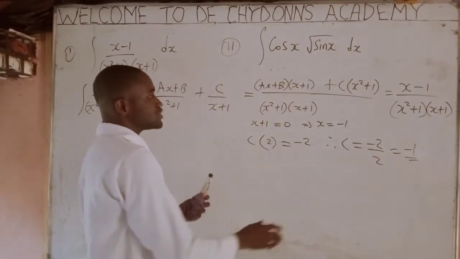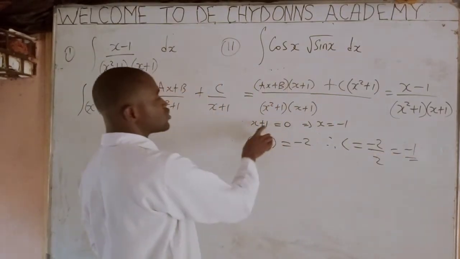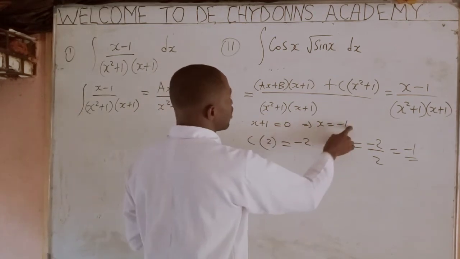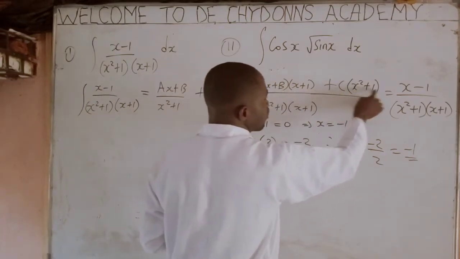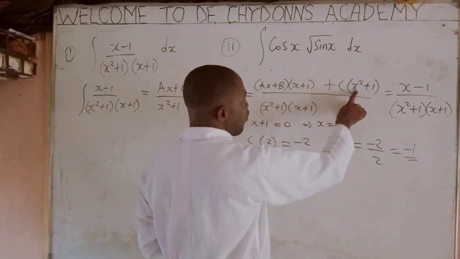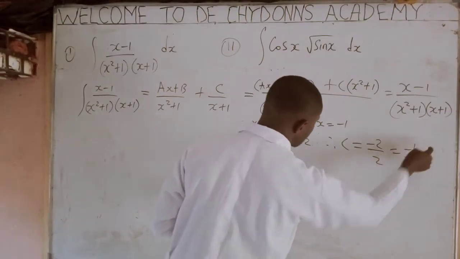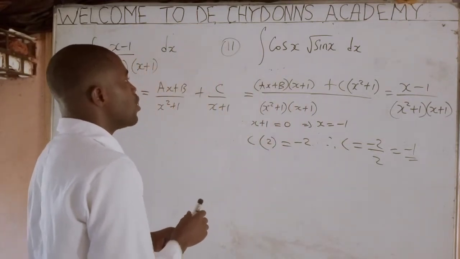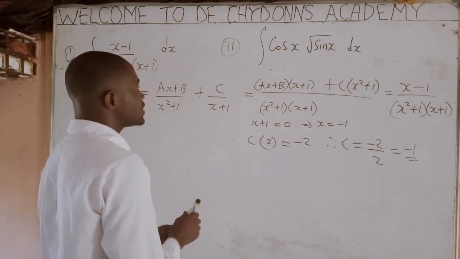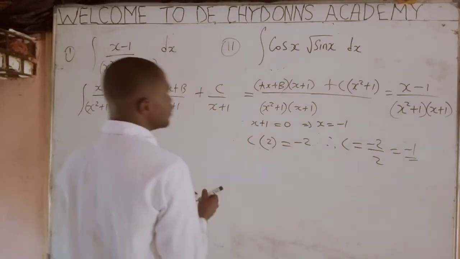That is telling us why we do it this way, because this denominator equals this denominator. So as you say x plus 1 equal to 0, x equal to minus 1, carry minus 1 and plug in at the numerator. If you plug in here, 0; here, minus 1 squared plus 1 is 2, so 2c equals minus 1 minus 1, so c equals minus 1. Since you have gotten your c, what are your a and b?